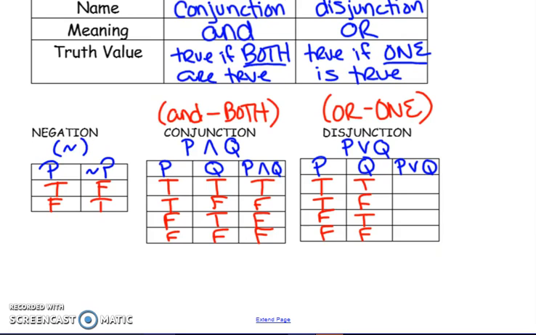So we have two truths. Well, that's at least one, so that's true. If I have a true and a false, I have at least one, so that's true. A false and a true makes it true. Two falses, though, there's no truths, so that has to be false. The biggest difference between a conjunction and a disjunction, a conjunction has to have two truths, a disjunction only has to have one.